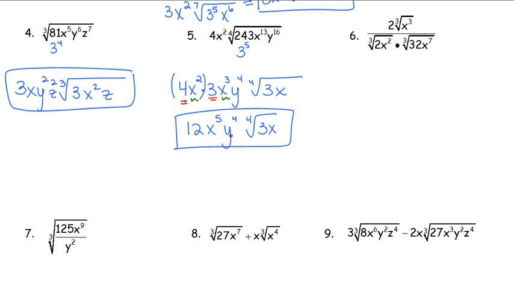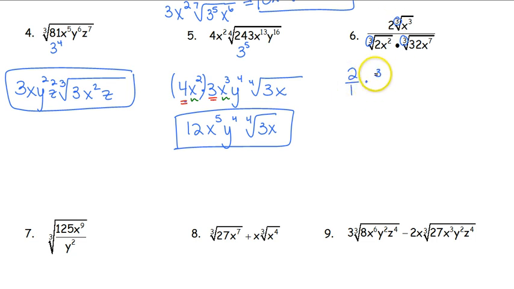For number 6, we have lots going on here. We look for something that they all share, and I see that they all have the 3rd root. Besides that, the 2 is going to stay on the outside, and I'm going to put that 2 over 1 so I don't forget that that's on the top of my fraction.